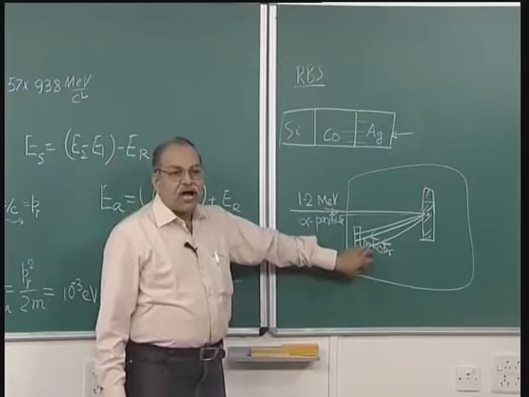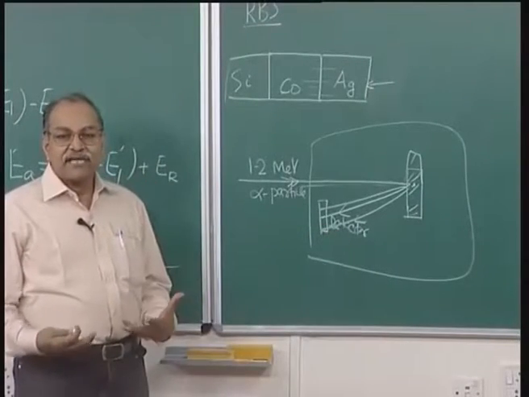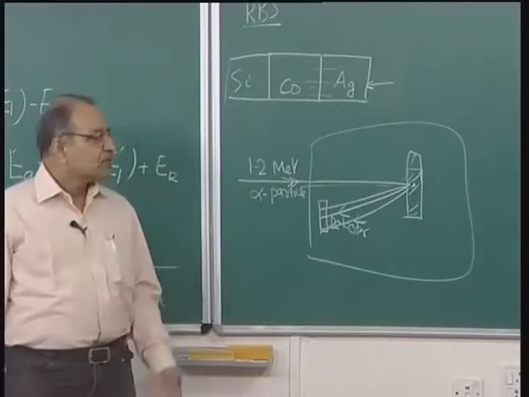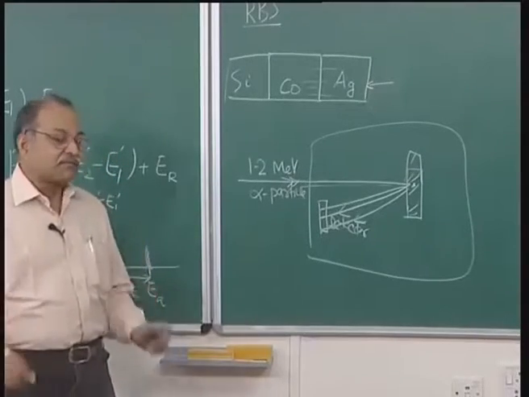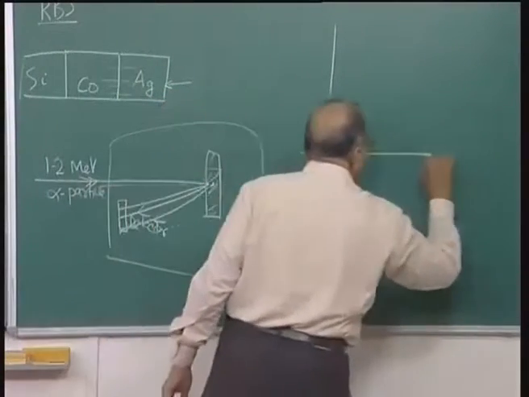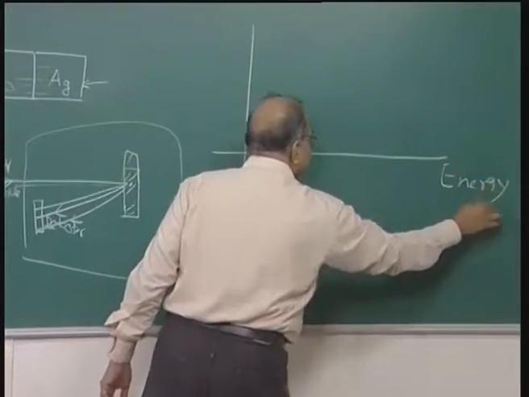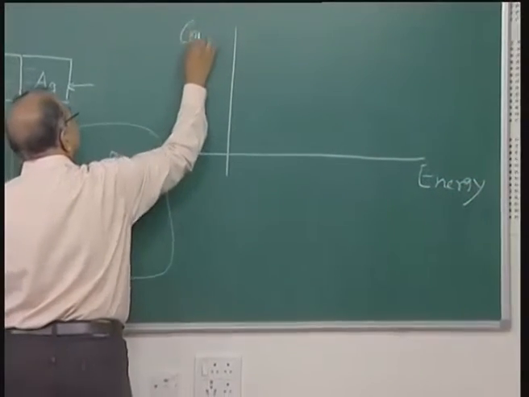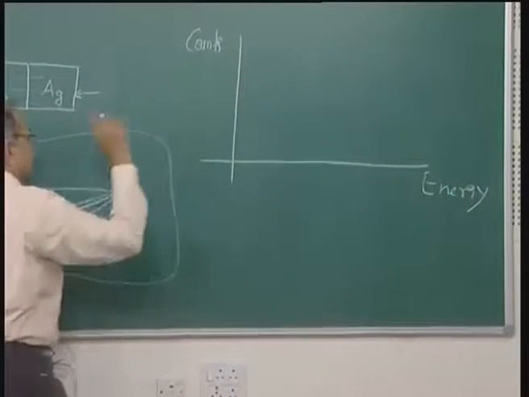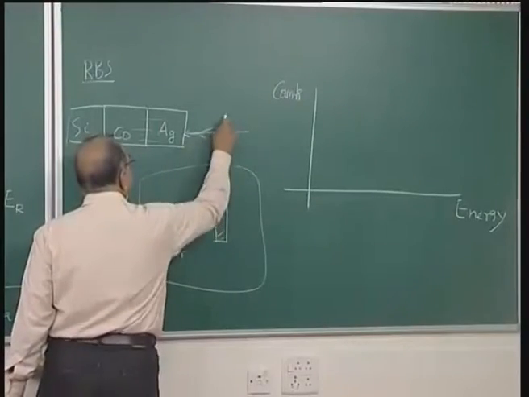So how will this count look as a function of energy? That is the RBS spectrum. If I analyze these alpha particles coming into the detector in energy, and plot counts here, that is known as the RBS spectrum. So what happens when you have a sample and an alpha particle is coming?